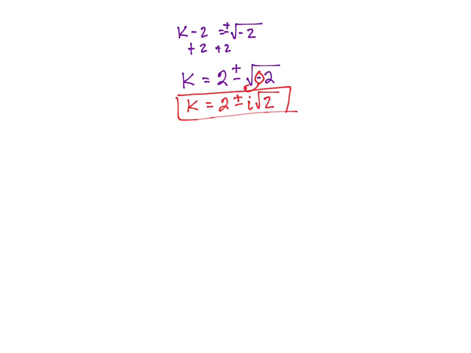So what does that mean on the graph? If I graphed this function, it would be either all above the x-axis or all below the x-axis, and my roots don't exist on the x-axis. I have imaginary roots.